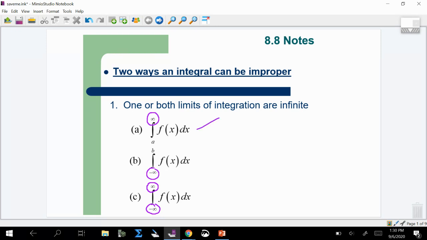For the first two, your lower boundary and your upper boundary can be any constant. So you might have an integral that goes from 5 to infinity. That would be an improper integral. Or you might have an integral that goes from negative infinity to 7 or something like that. Again, an example of an improper integral.